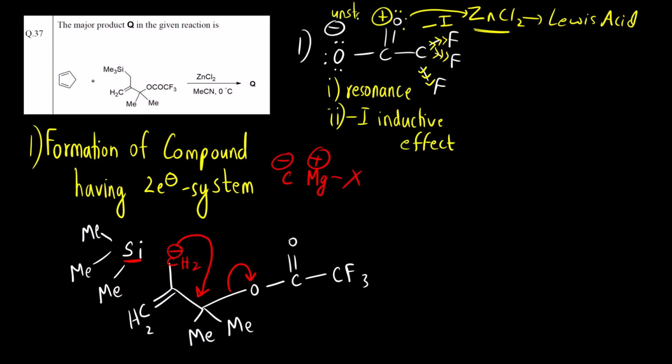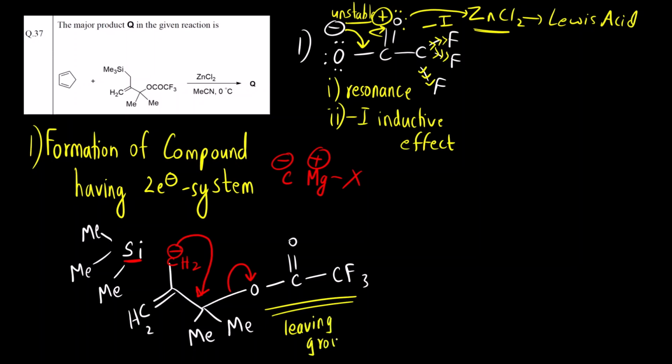This process of Lewis acid-base reaction fastens up or makes this leaving group even more stable. Why? Because the greater the positive charge on an electronegative atom, the more will be the tendency of the other oxygen atom to stabilize this carbonyl oxygen via resonance. So because of this Lewis acid-base reaction also, this acts as a very good leaving group.